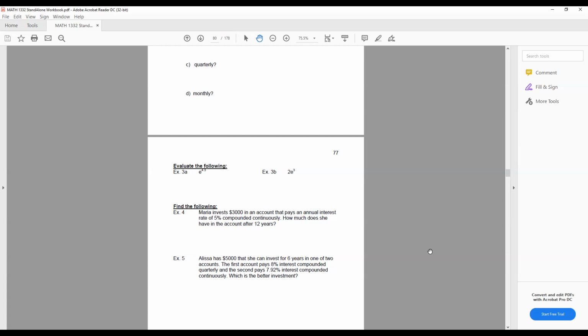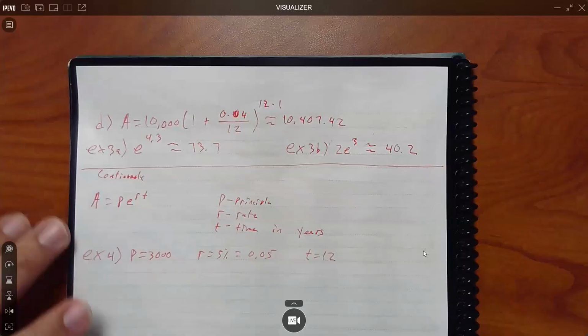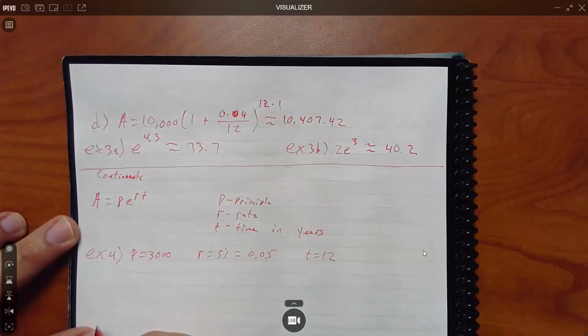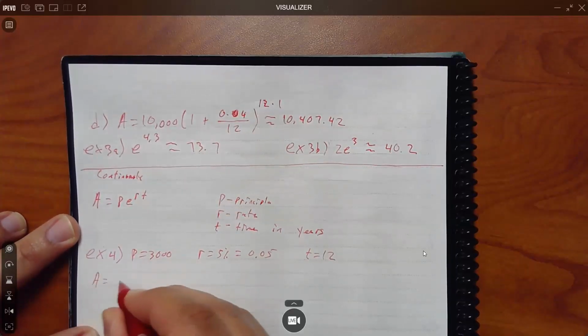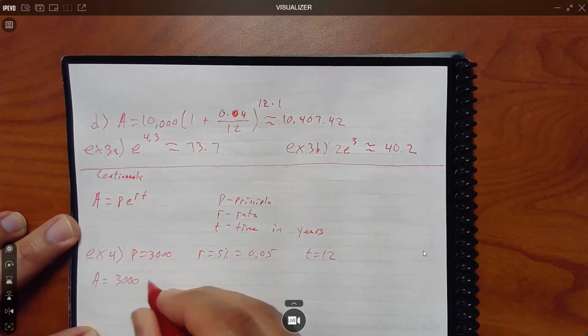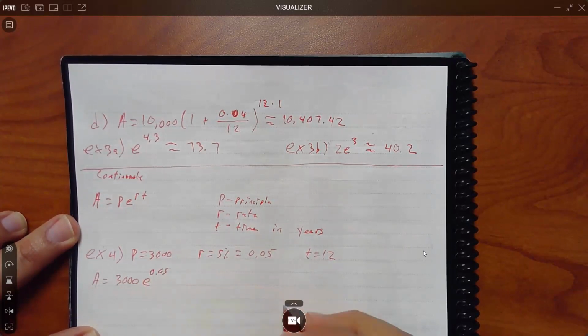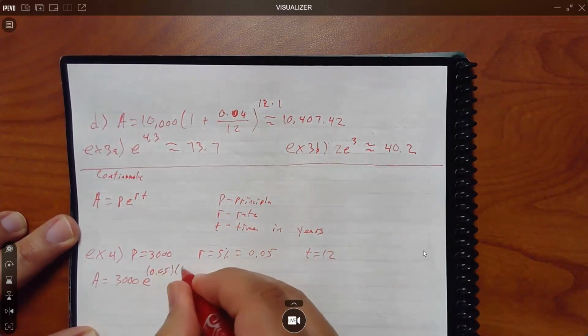Time is 12. So future amount will be 3,000 times E to the 0.05 times 12.